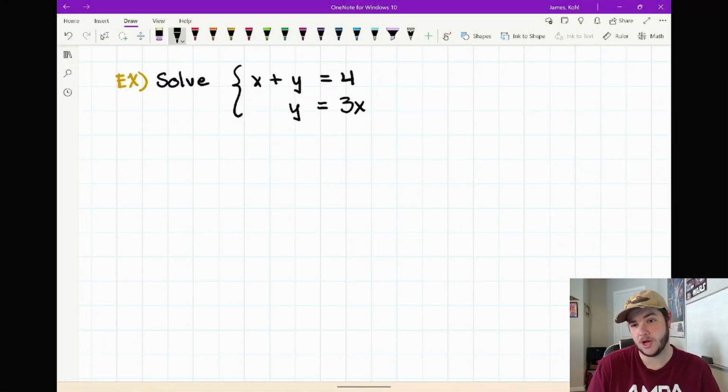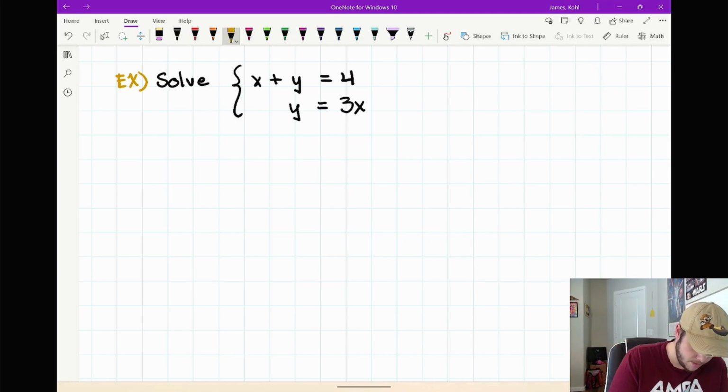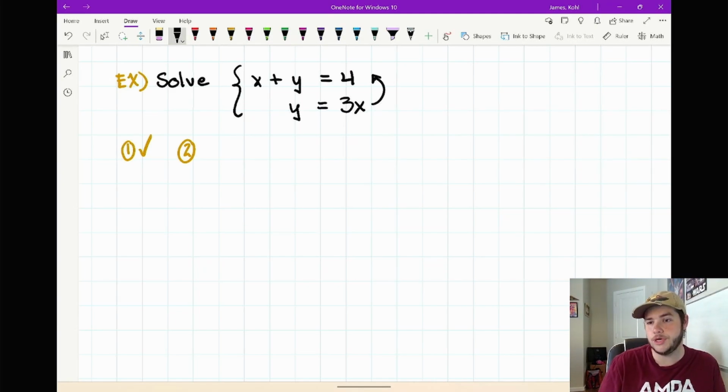Let's try this problem. Let's solve x plus y equals 4 and y equals 3x for x and y using substitution. Well, step 1 is already done for me. Notice the second equation is already solved for one variable. It's solved for y. So step 1, check. We can just move on to step 2, which is I'm going to plug equation 2 into equation 1.